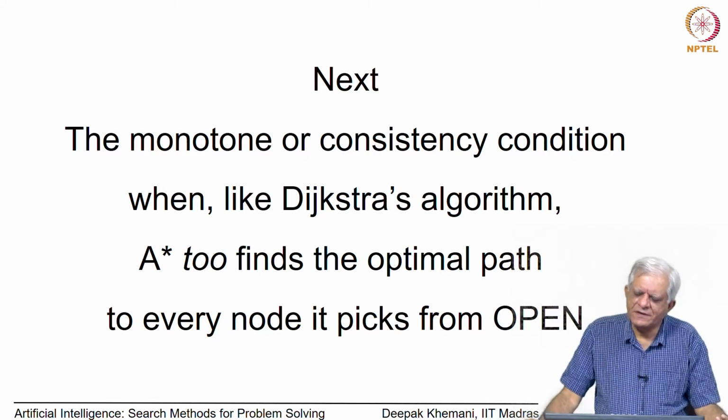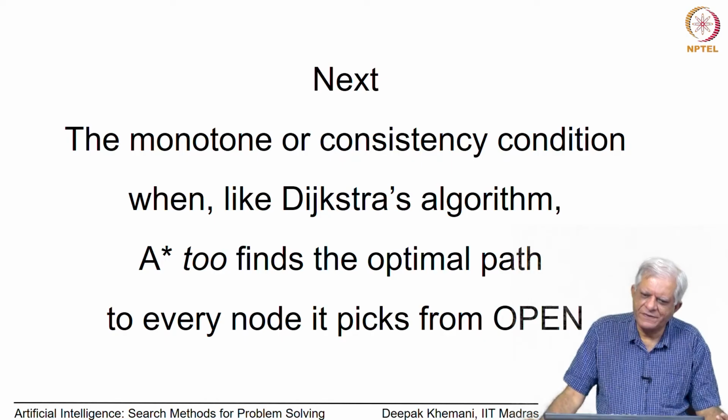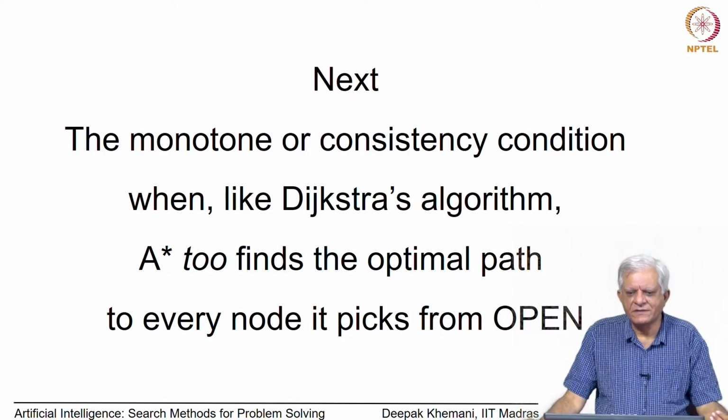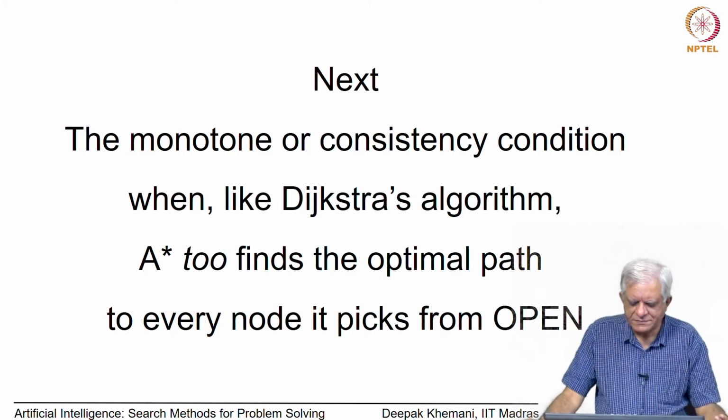Then we saw IDA star and RBFS, both of them require less space, because both of them in some sense only maintain a linear number of nodes in proportion to depth, but both of them have to repeatedly come back and try newer paths, and therefore, the time complexity was much larger.